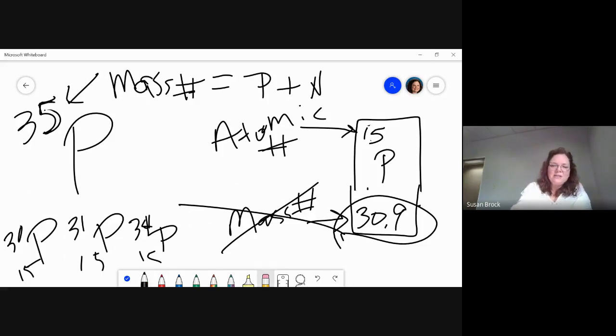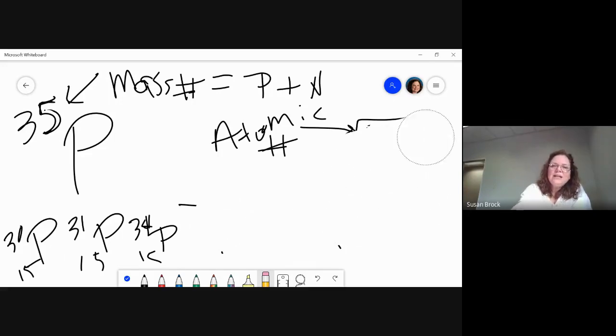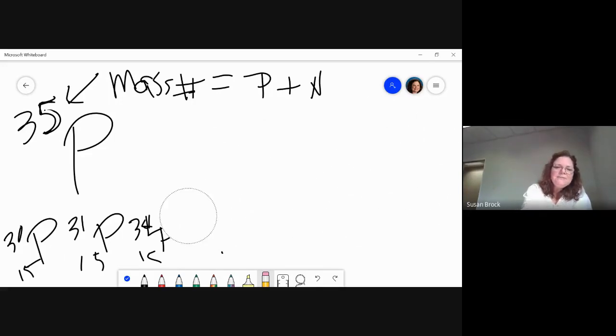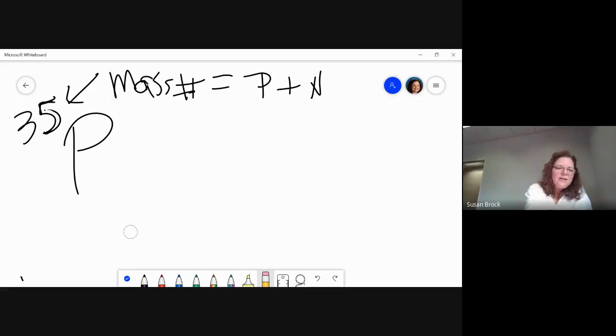So when we look at isotopes, we are looking at an individual atom. And that individual atom has a certain number of neutrons. We're only looking at one. We're not looking at an average. So we might give you this on the test and then ask you what the atomic number is.